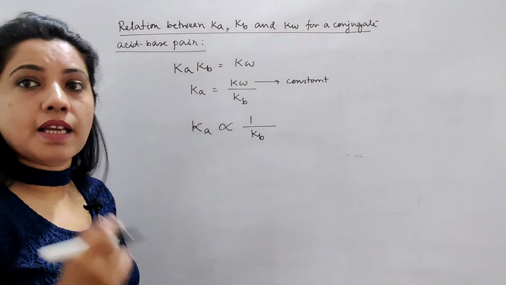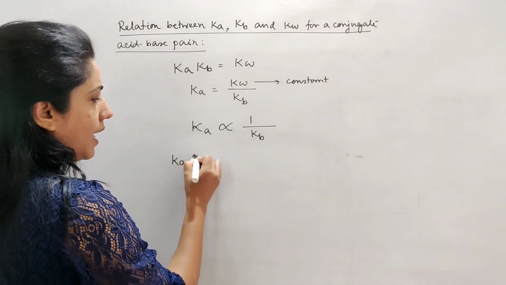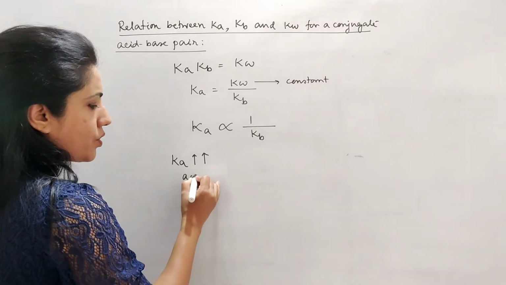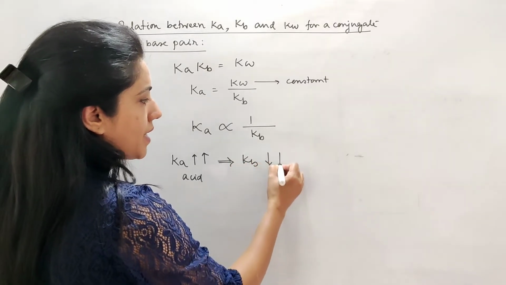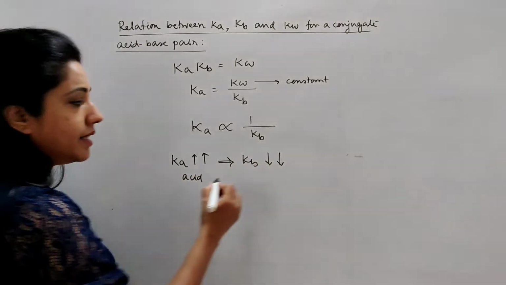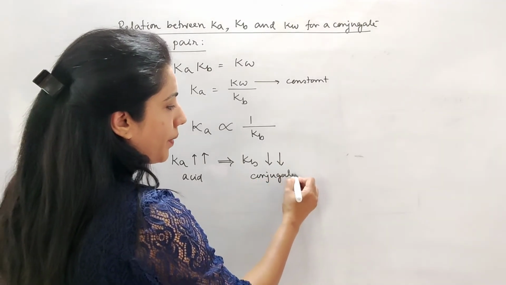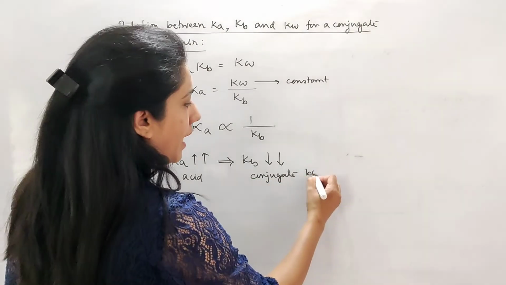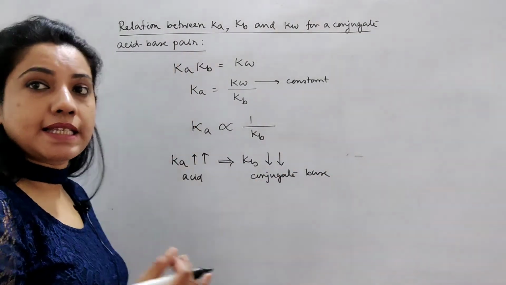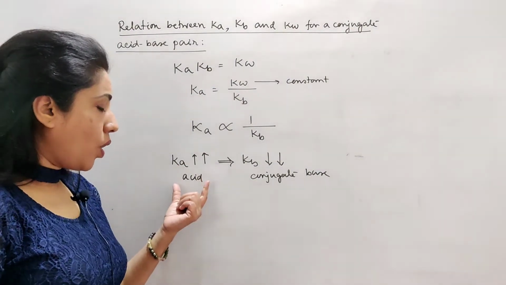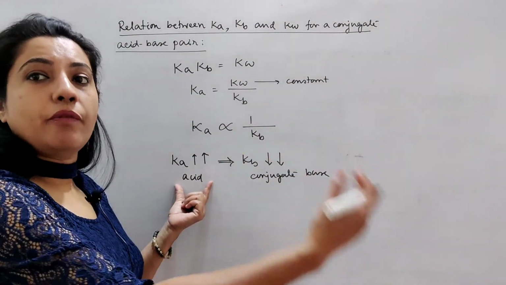What does it mean? This gives an important conclusion. It means that if the Ka of an acid is more, Kb of the conjugate base will be less. This is only for the conjugate acid-base pair, remember. If the Ka of the acid is more, then Kb of the conjugate base will be less. That means if the acid is strong, the conjugate base will be weak.